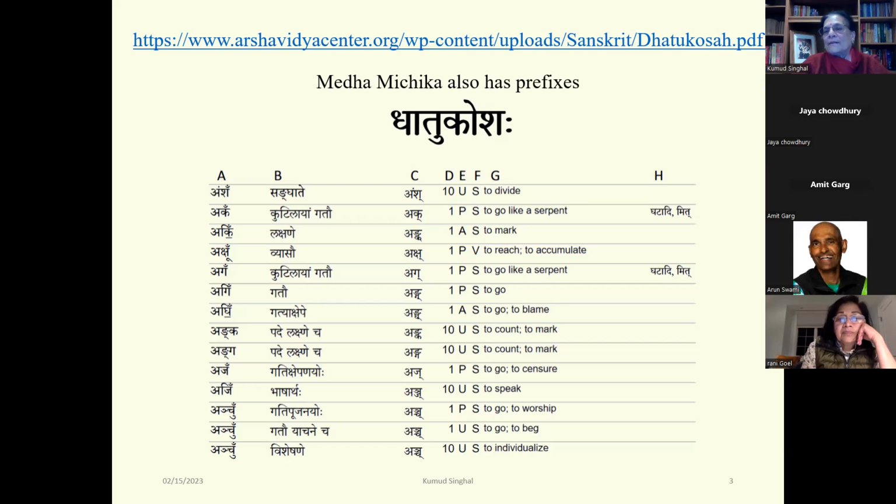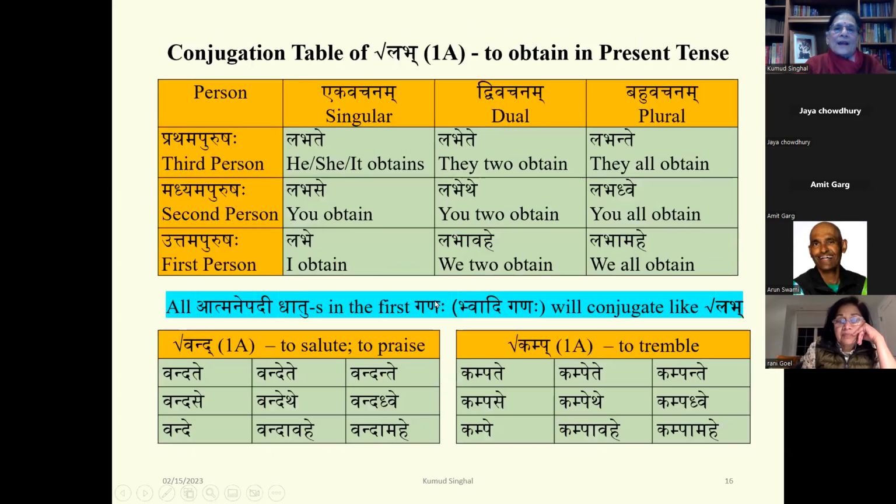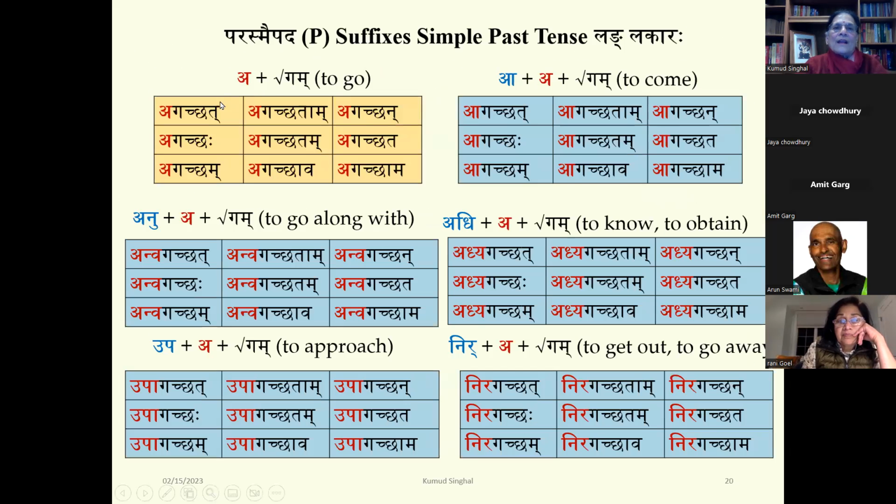Okay, but when it changes the meaning, is there a tendency to change in the same way? What do you mean by the same way? That anu added to any other root will be the same kind of change?